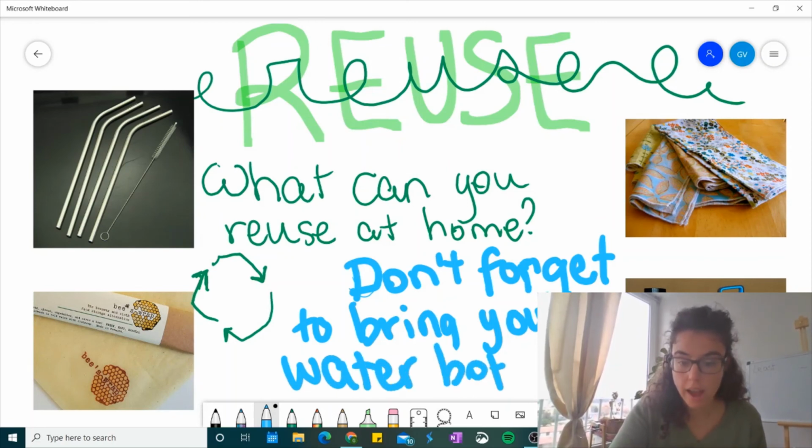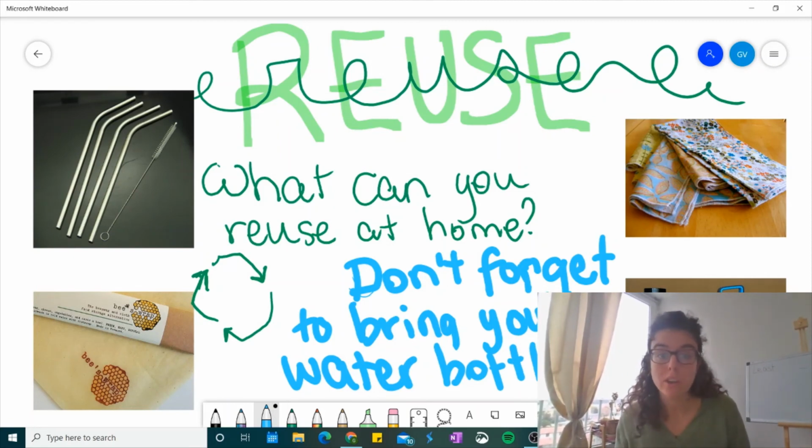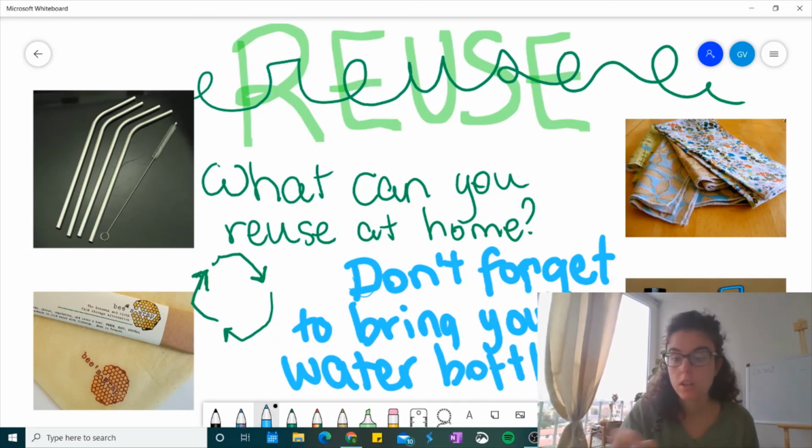So if you're going out, maybe you're going on a bike ride, or you're going to school, or you're going on vacation, your water bottle is something really useful that you can bring with you, right?